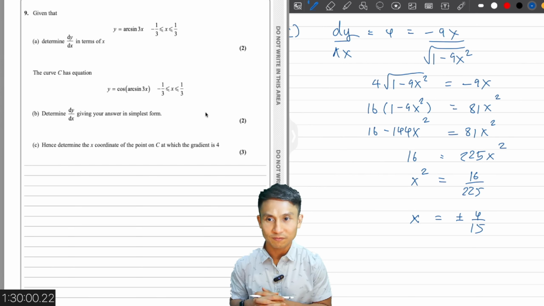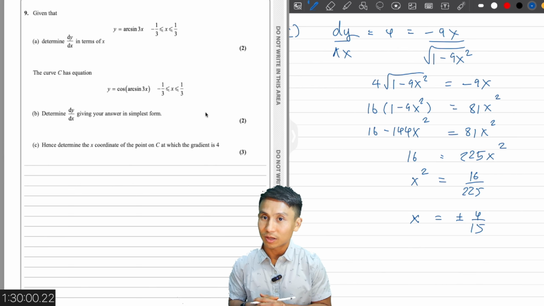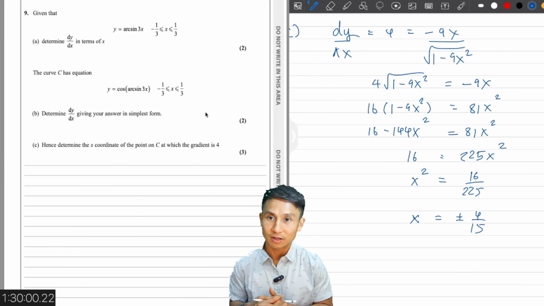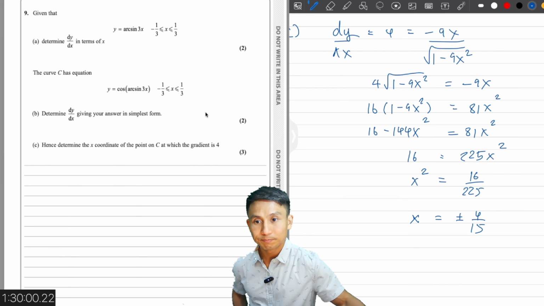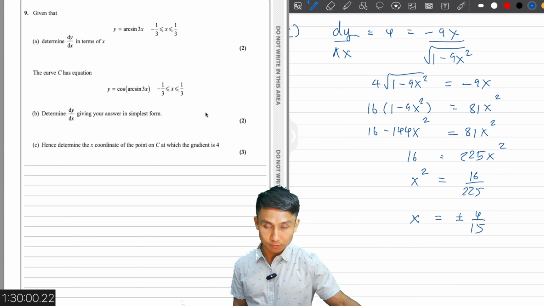So actually both of them are in the range. Okay, both of them are in the range. So, hang on. But let's try put x in here. So minus 12. Yeah, that's fine.